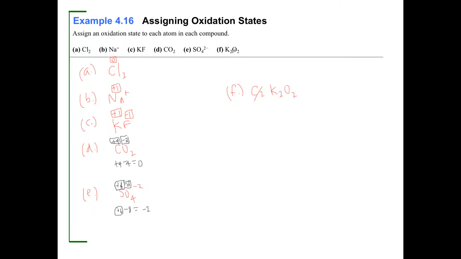All right, so this is really weird. I've never seen this before, but let's do it anyway. Peroxide, I guess. This has a tendency to be -2, and this has a tendency to be +1. But I said tendency, wait a second. Rule number 4 on page 161 says this is always going to be +1.